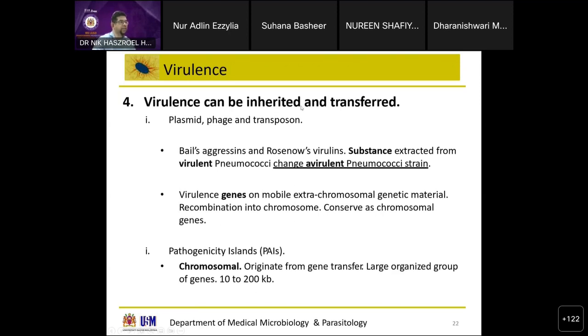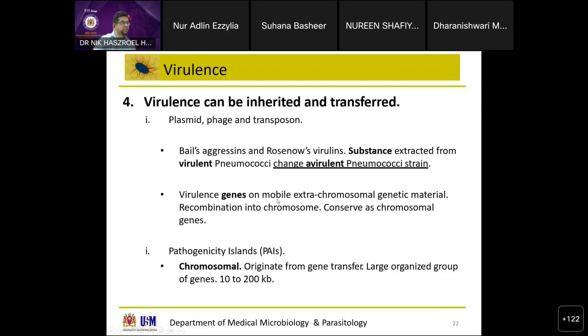And virulence can be inherited and transferred, so it can be acquired or inherited. In bacteria, they have plasmids, phages, and transposons. Some bacteria have virulins, aggressins, and so on. It's a substance extracted from virulent pneumococci which changes non-virulent pneumococci into virulent through this substance, virulin.